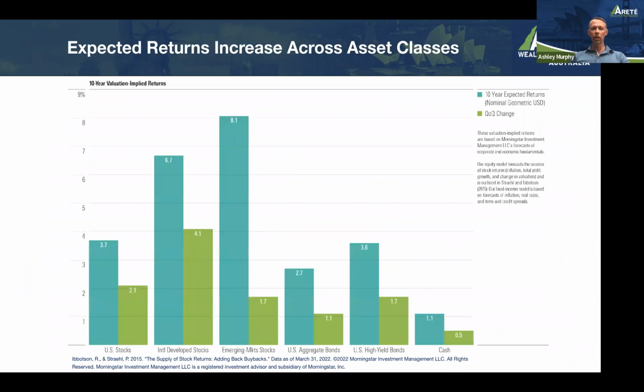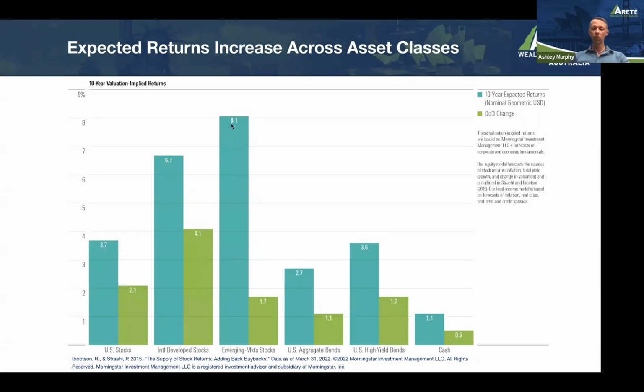Now, here's the silver lining on all of this. Because of what's happened with asset price declines, which have been tough, I have been saying to clients that if you do have some dry powder, some spare cash waiting to be deployed, now is the time. And I truly mean that. Look at this. The expected 10-year valuation implied returns on international developed stocks are now at 6.7%.